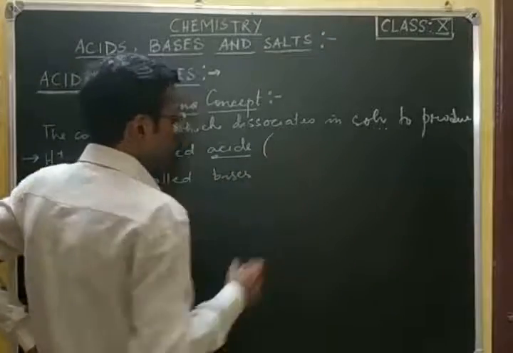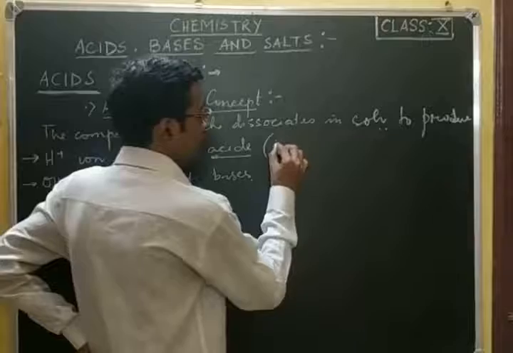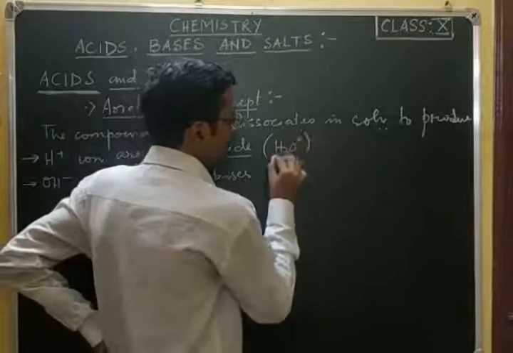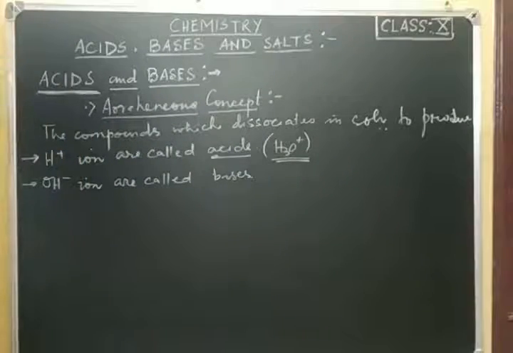If you want, in place of hydrogen ion you can write H3O plus, that is the hydronium ion. This is the Arrhenius concept.